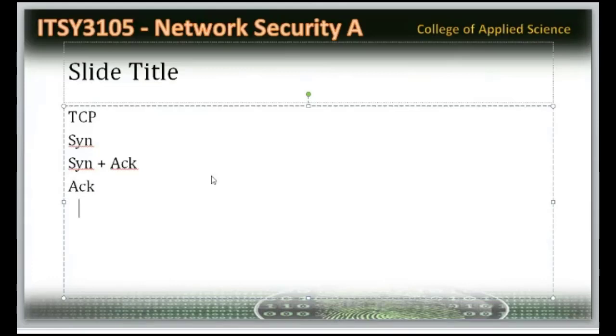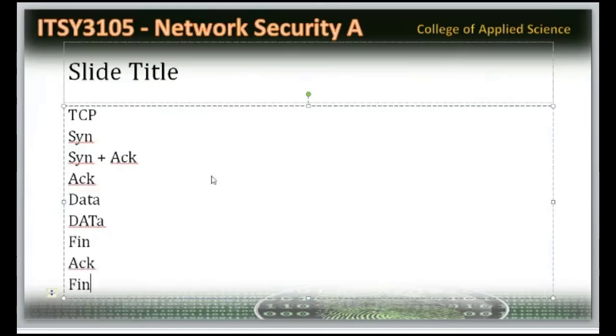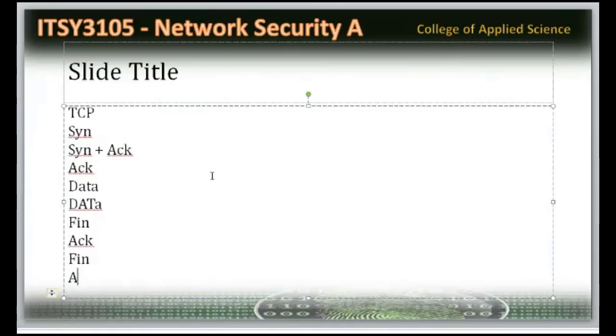Then you are going to send the data and receive the data. Finally, I want to close with fin. The target machine will give the acknowledgement. Then the target machine will give the fin, and you have to give the acknowledgement. These are the steps in TCP.